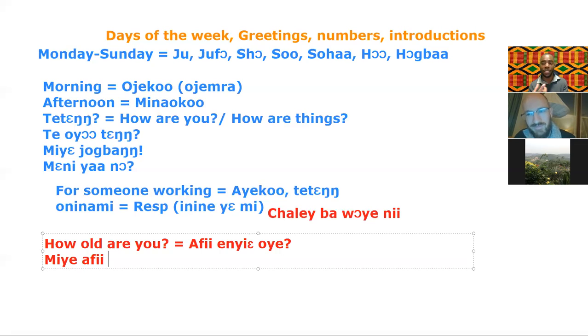So miye becomes inye when we are speaking. So a lot of the times when you see me write miye, you will hear people say in instead of me. So inye afi, instead of afi, some people will just say inye 20. I am 20. Instead of actually using the Ga numbers.